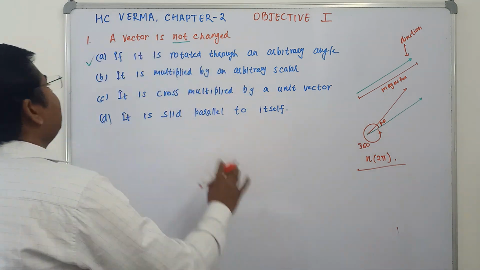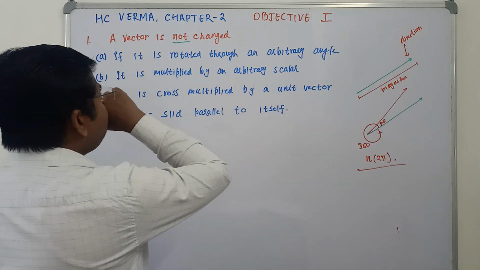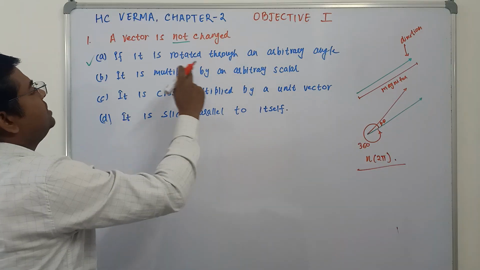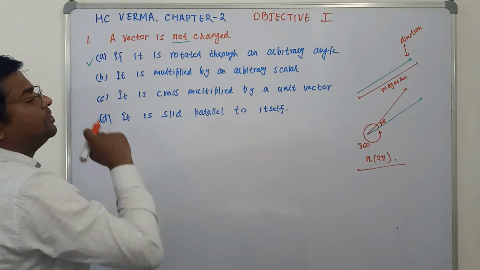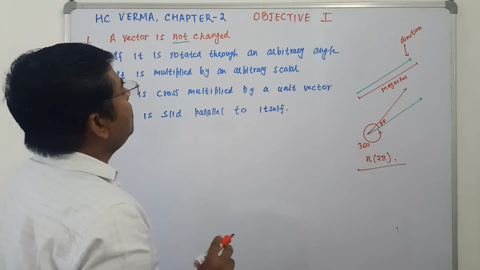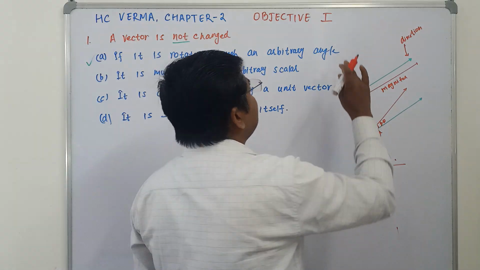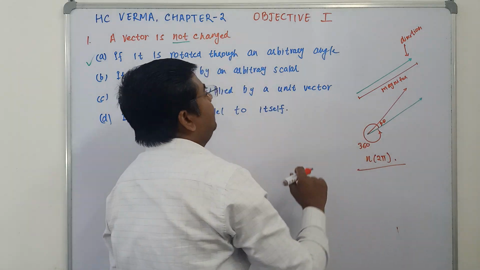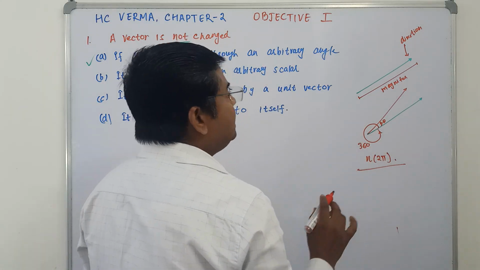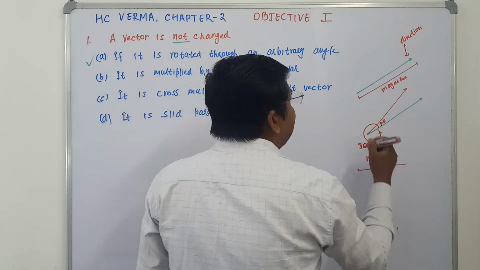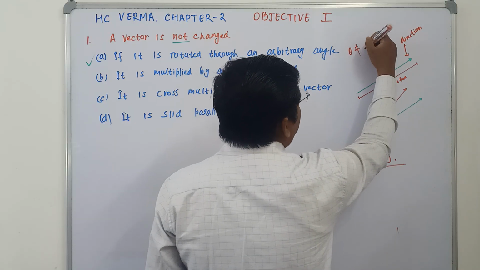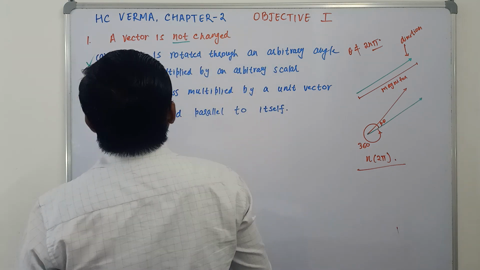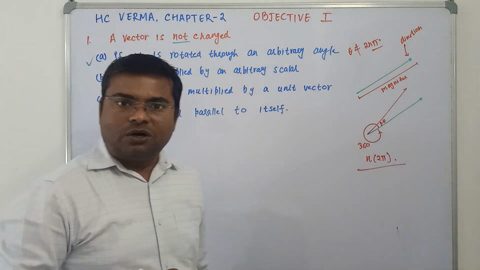So option 1 is not correct. The vector does not change when it is rotated through an arbitrary angle. The option is right for a specific angle, that is, it is right for any angle except theta equal to 2 n pi. This is the effect of rotation of the vector.